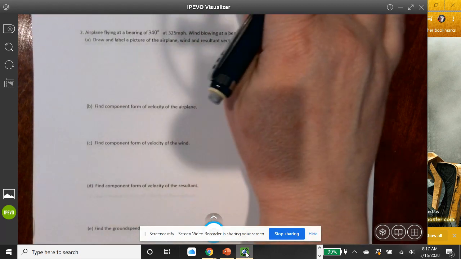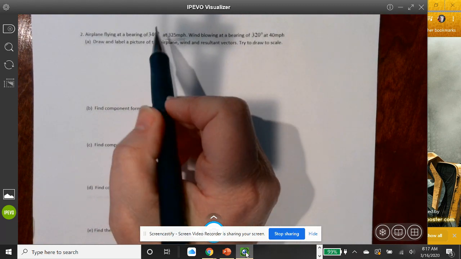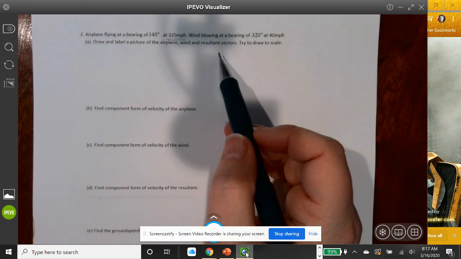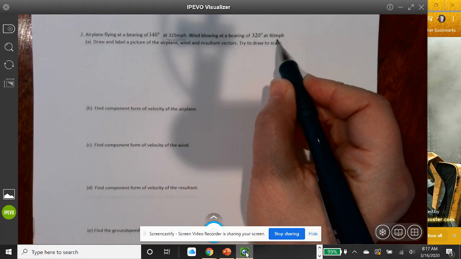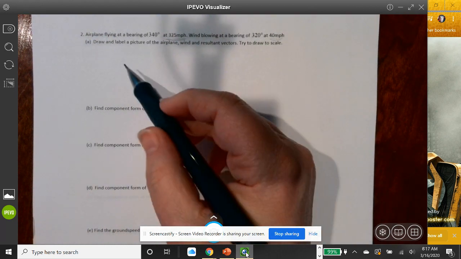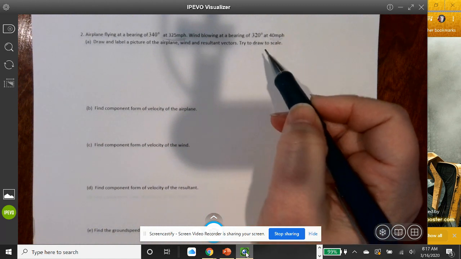So they've given us the magnitude of the velocity of the airplane, and they've given us its bearing. The wind is blowing at a bearing of 320 degrees at 40 miles per hour. So now we have the magnitude of the wind and its bearing. Draw a picture of the airplane, wind, and resultant vectors. Try to draw to scale.